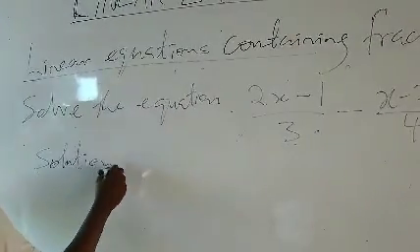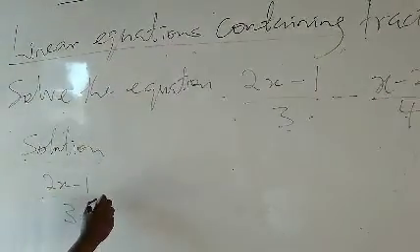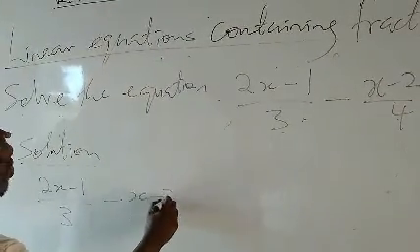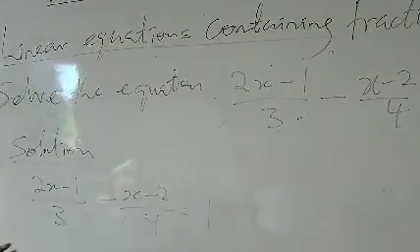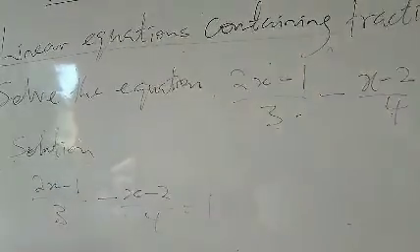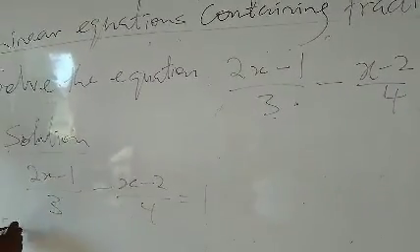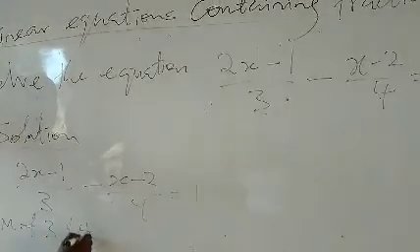Solution. It is (2x - 1) over 3 minus (x - 2) over 4 is equal to 1. What is the LCM of 3 and 4? 12. LCM of 3 and 4 is 12.